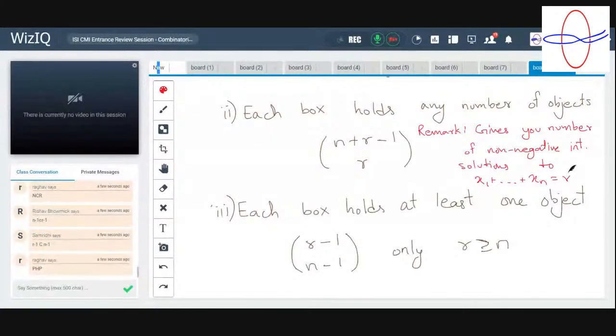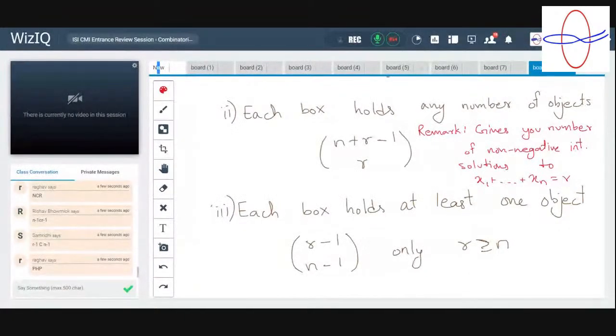And one verbal remark I'll make is sometimes the problem asks for positive solutions. What a lot of people try to do is they work with this formula that gives you the non-negative case, and then they try to somehow find the situations where there is a 0 involved. They try to get rid of those and so on. And that's not how you approach this problem. If the problem asks you for positive integer solutions, what you do is you take r minus n instead, and then you approach the problem the same way.